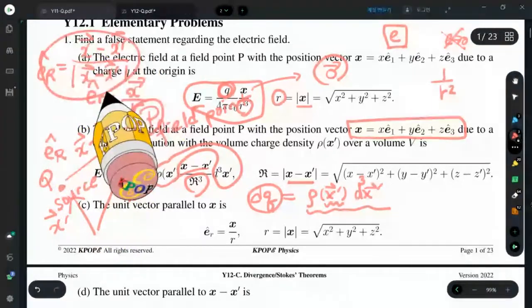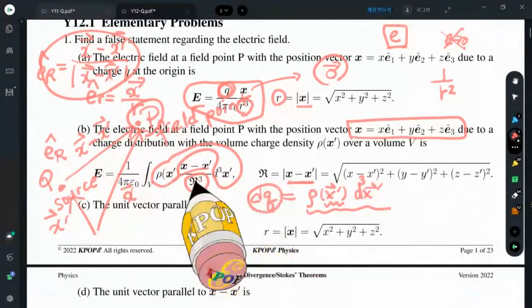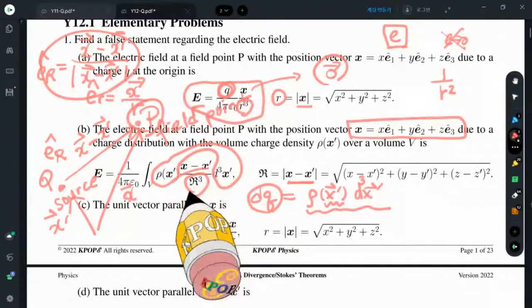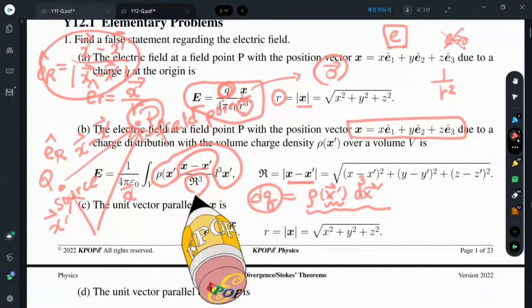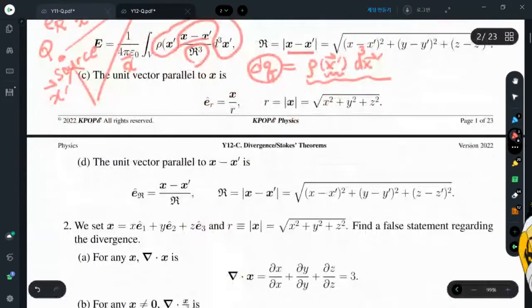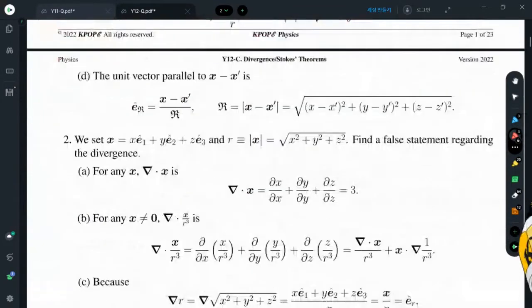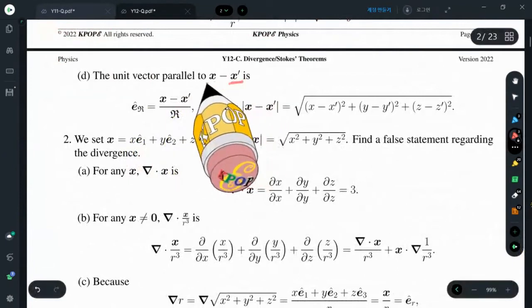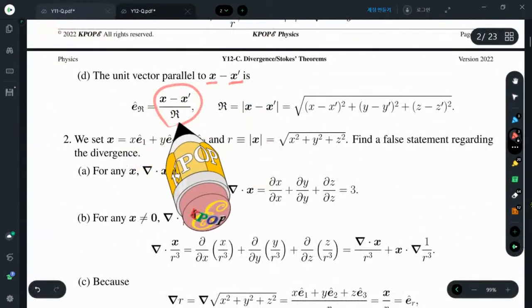Okay? So the relative displacement vector divided by its magnitude. The unit vector from the source to the field is like that. Okay.